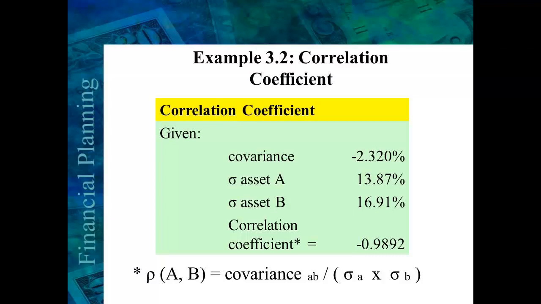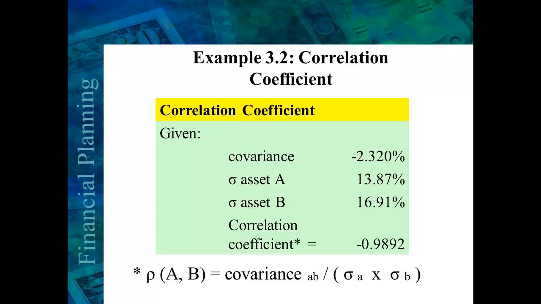Question. Given that the covariance between two assets is minus 2.32%, the standard deviation of asset A, sigma A, is 13.87%, and the standard deviation of asset B, sigma B, is 16.91%, what is the correlation coefficient?